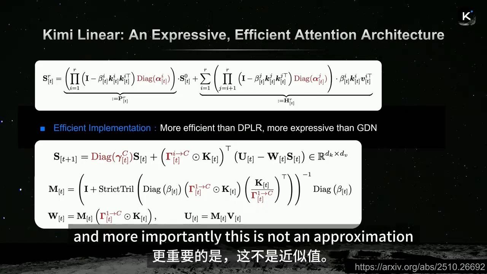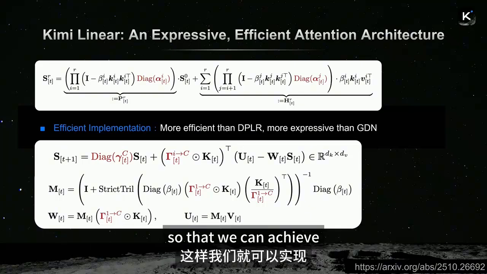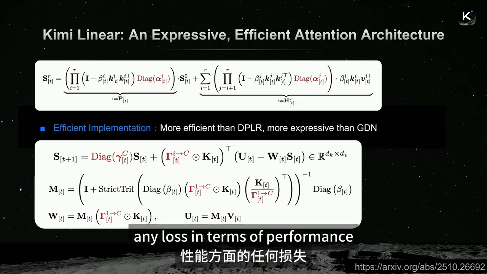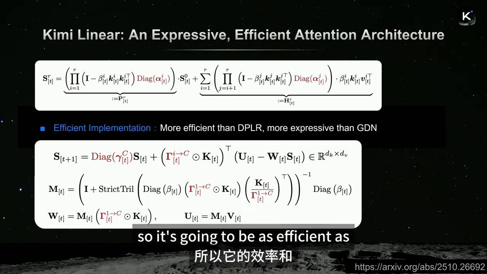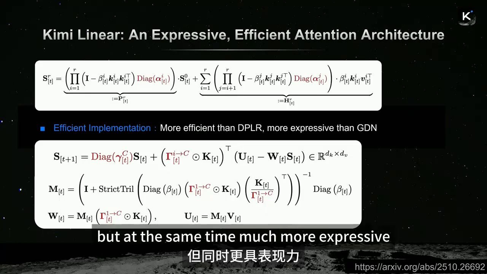And more importantly, this is not an approximation. It's an exact, mathematically equivalent formulation, so that we can achieve a much more efficient implementation without any loss in performance. So it's going to be as efficient as previous linear attention variants, but at the same time, much more expressive.